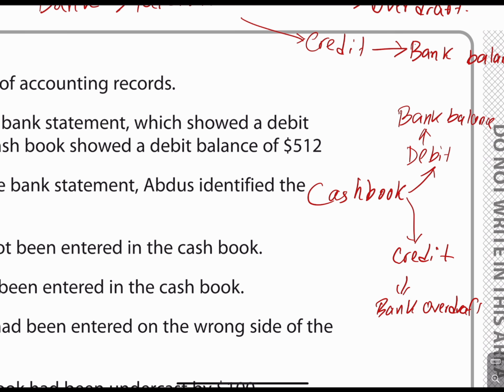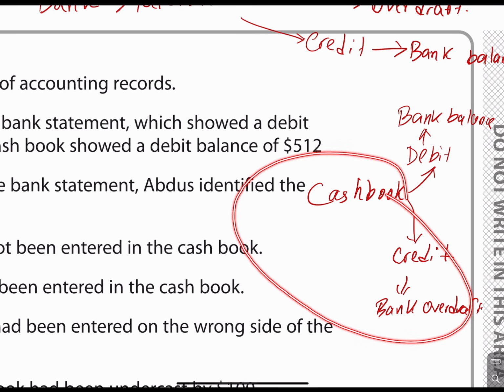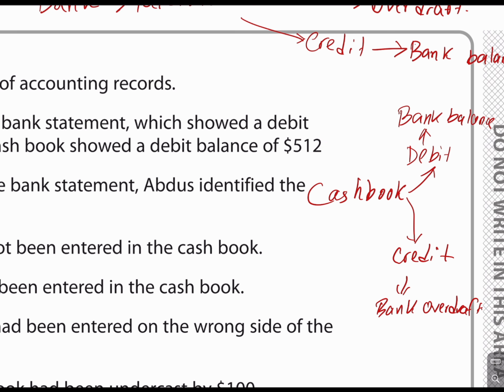So the cash book is made by the business, it's the business's point of view. If it is showing a debit balance, it means it's their bank balance, their asset. And if it's showing a credit balance, it means it's showing liability, right?